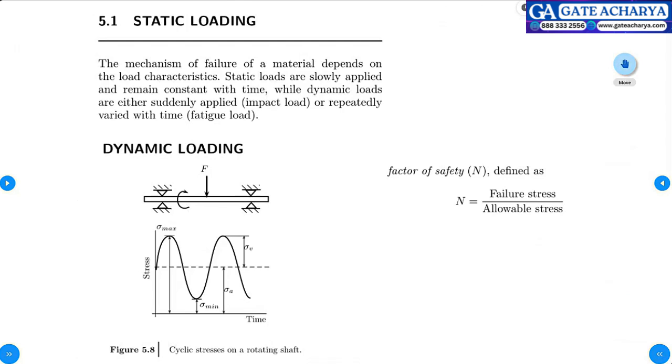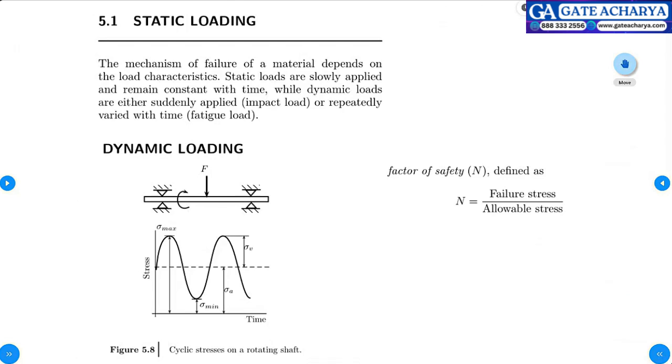Always when we design a component, we take care to give an allowance called the factor of safety. We have an idea of the strength of the material, and also we have an idea of how much load will be coming on the material. So factor of safety is failure stress divided by allowable stress. Failure stress is nothing but the total strength, the total capability of the material.